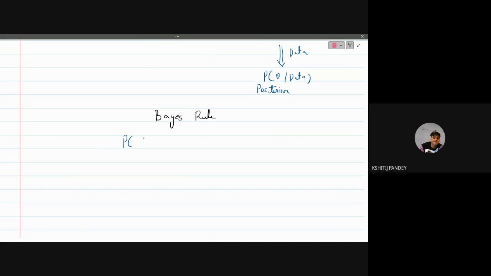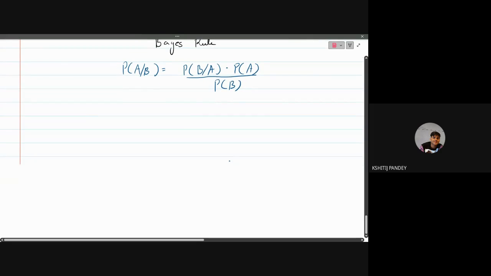The probability of A given B is equal to probability of B given A into probability of A divided by probability of B. Well, in parametric estimation, how can this be used in Bayesian parametric estimation?